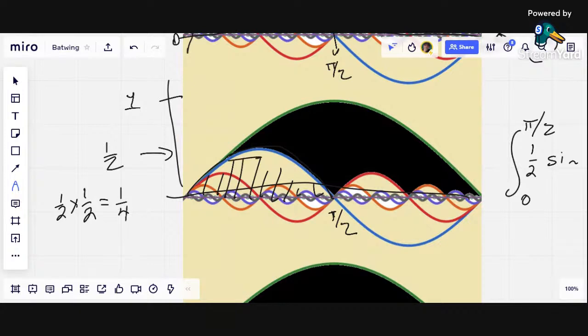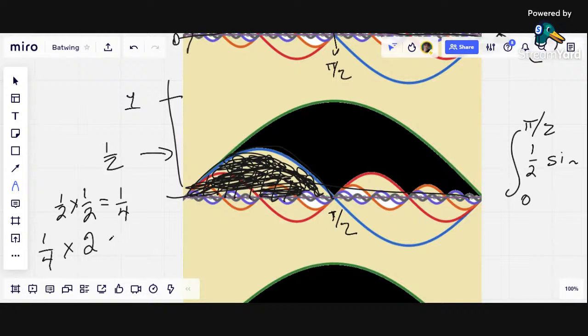So this bit right here, lovely. This is very satisfying doing this. I don't know if you can pick up the sound, but it's sort of ASMR-y. One half times one half is one quarter. So this little bite out of here is going to be one quarter of the larger hump, the other larger wave.